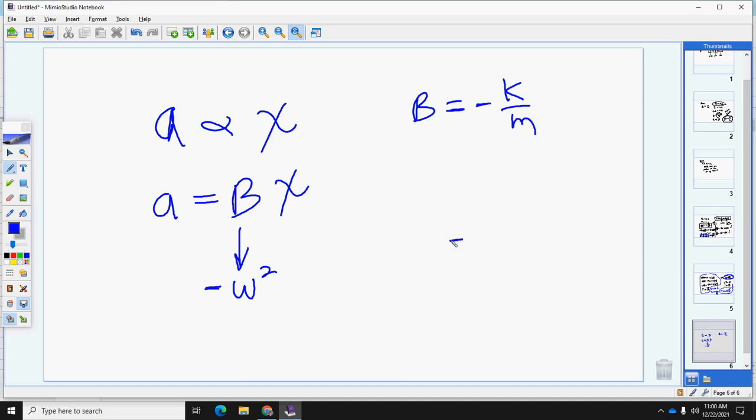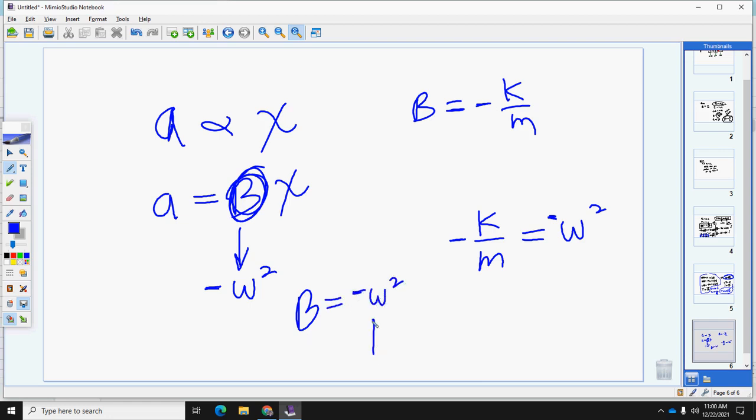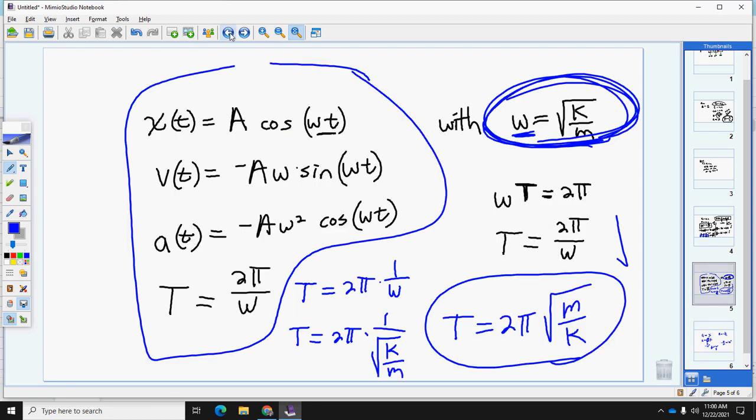And then later on, we found out that negative k over m had to be equal to negative omega squared. Once we find this, then we could use B equals negative omega squared to find omega. And then once we have omega, we could come back over here and we could write out all the different equations to guide that particular simple harmonic motion.